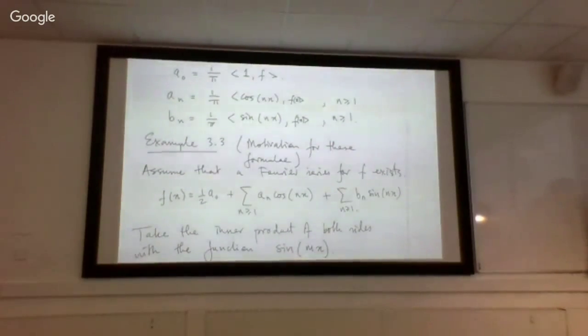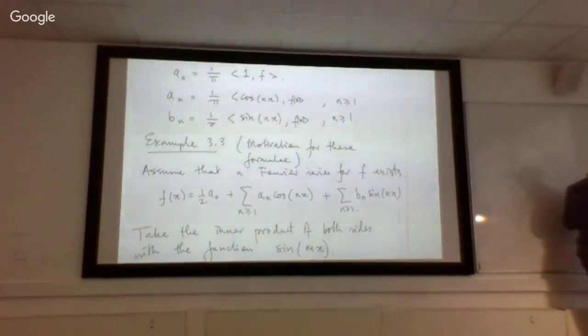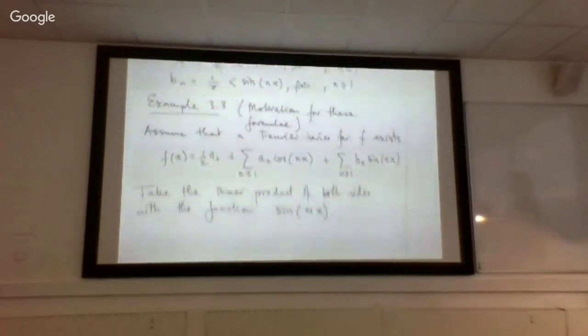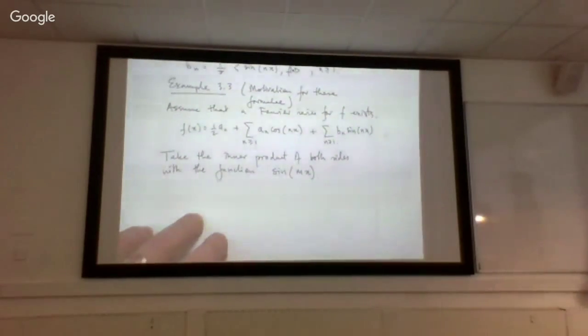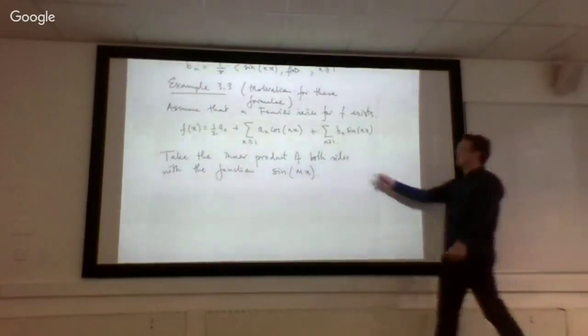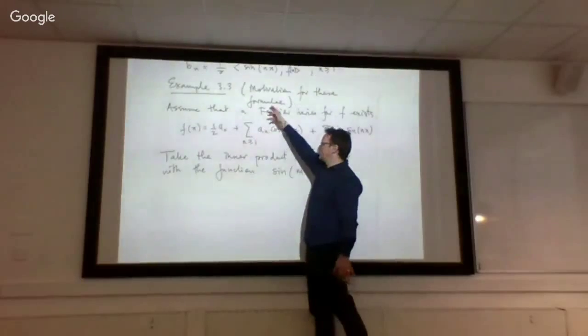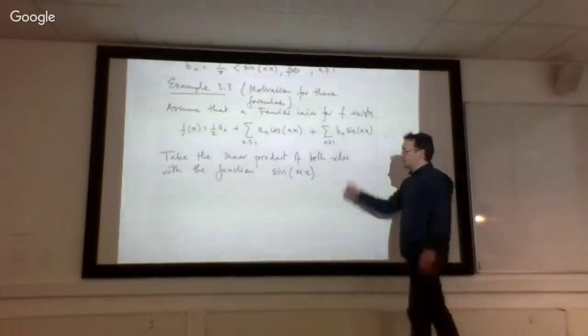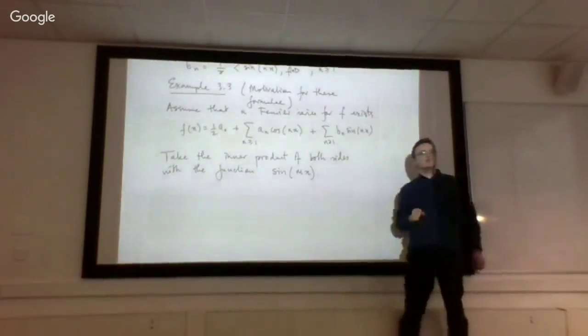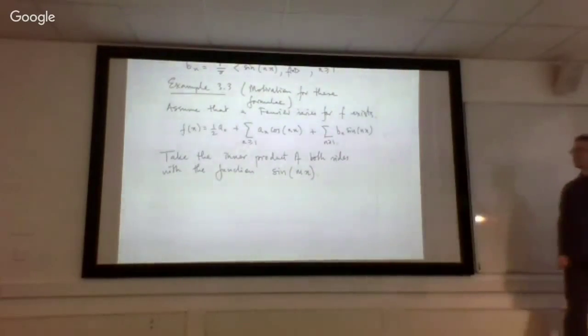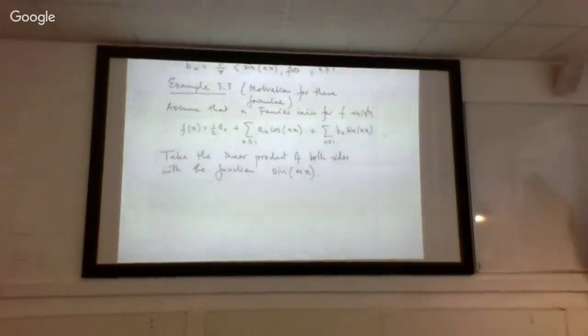This is what we're aiming for here. Now n is the index, which is running over all the integer values 1 up to infinity. But here I'm talking about one particular one of those. So I'm using the letter m just to distinguish it from n.